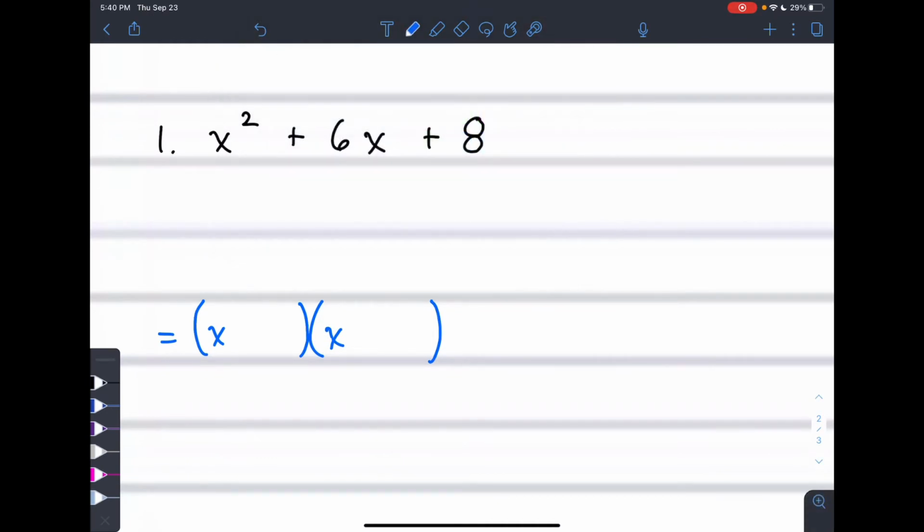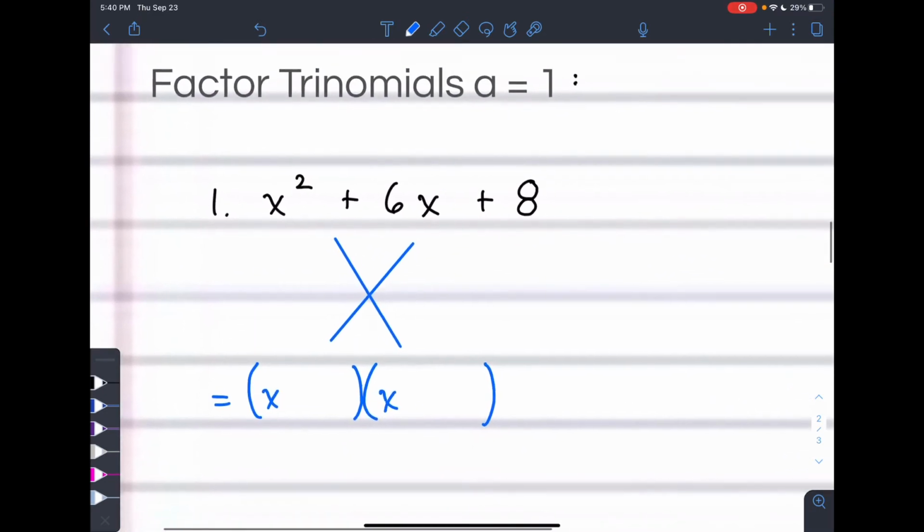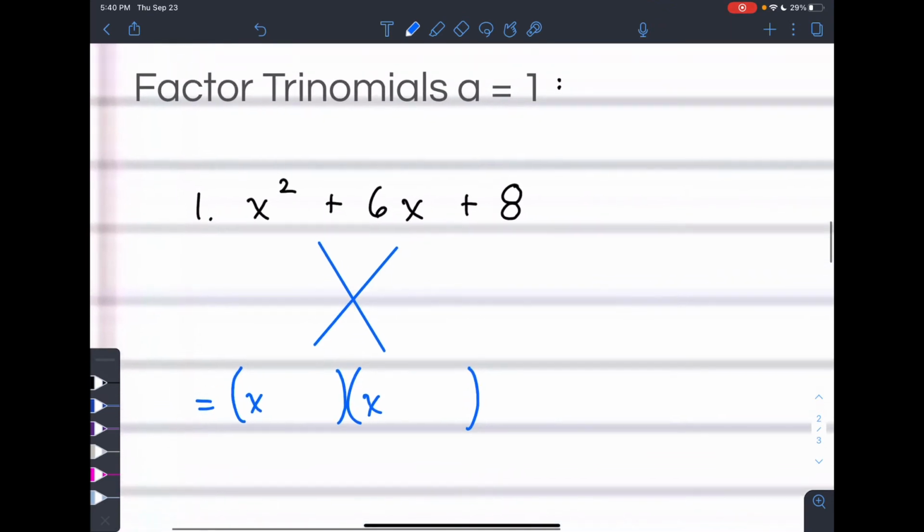So the way we're going to figure this out, we're going to use this x to sort of visualize the information a little bit nicer, okay? So what we're trying to do here, we want 2 numbers that multiply to 8 and add to 6.